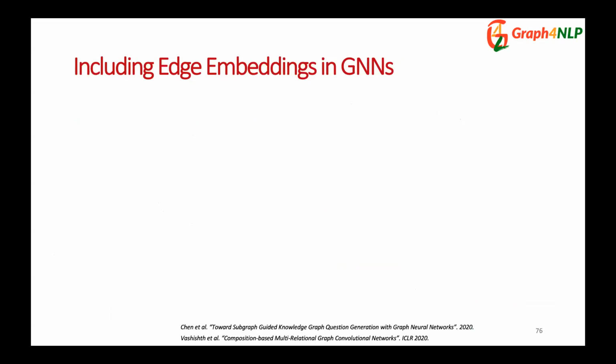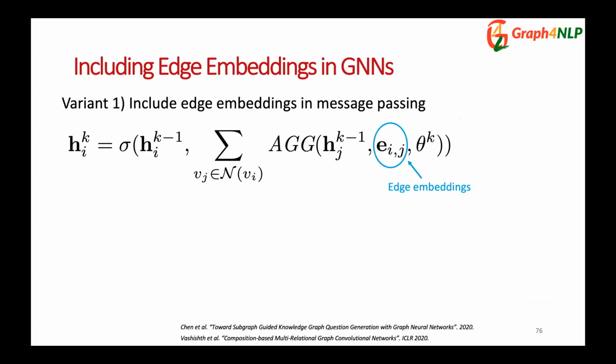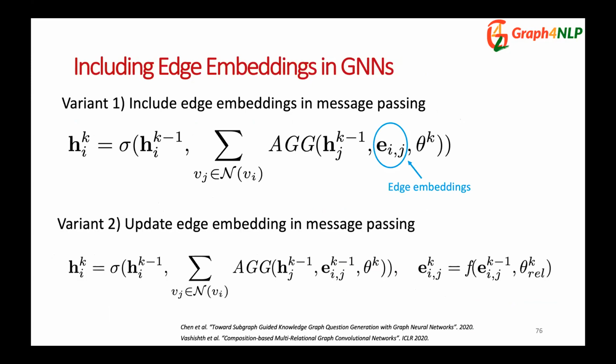Now I will introduce the second type of multi-relational GNNs, which operates by including edge embeddings explicitly in the message passing process of GNNs. In this specific variant, we can see that the edge embedding e_ij actually participates in the message passing process, and in variant 2 here, e_ij also participates in the message passing process.